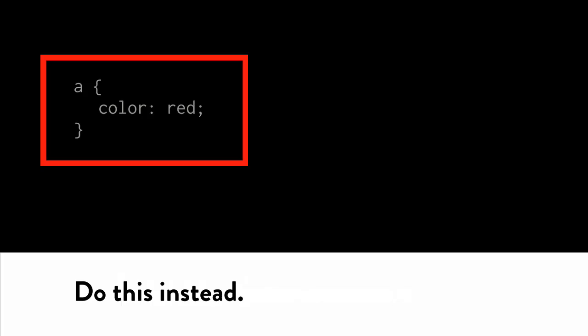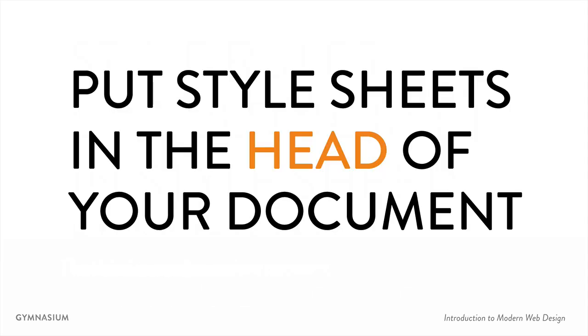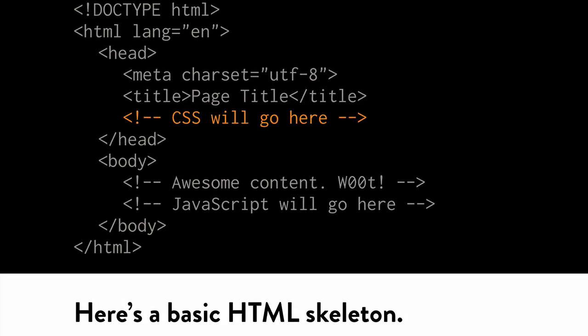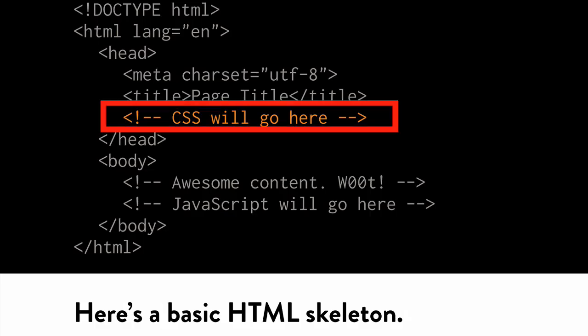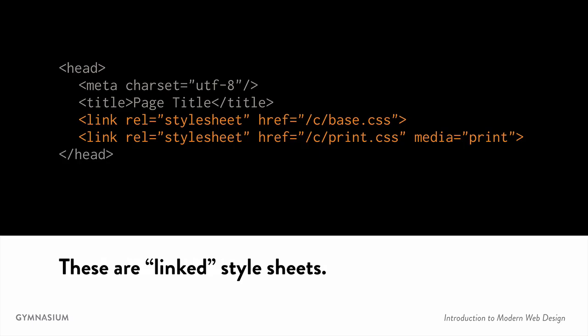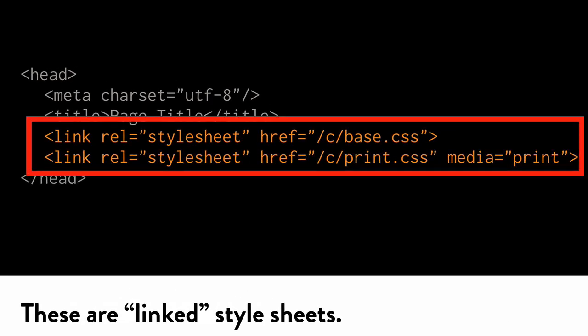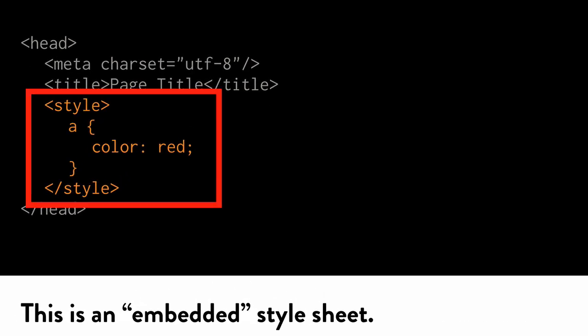Once I've created my style sheet, I can put that in the head of my document. So here, coming back to the HTML skeleton, you'll probably remember from the previous lessons, you see the CSS should go in the head element. Now you can include your CSS either using a link element, which is for a linked style sheet, which is a separate file, or you could use a style element to embed your style sheet into the page.